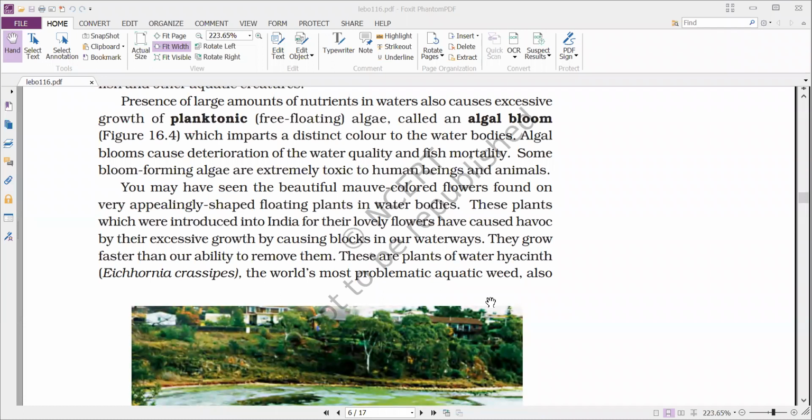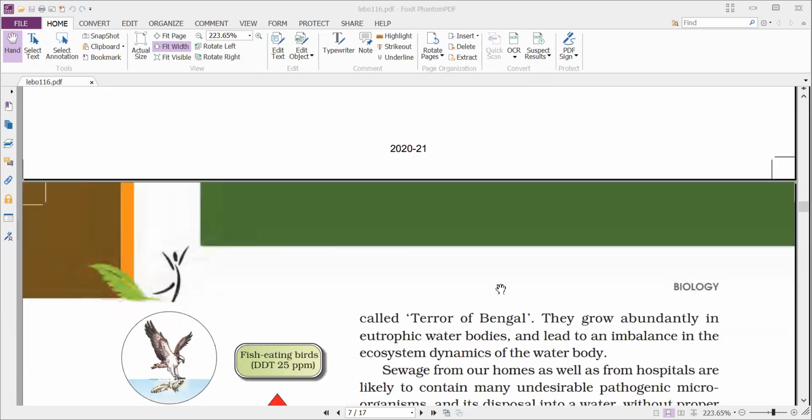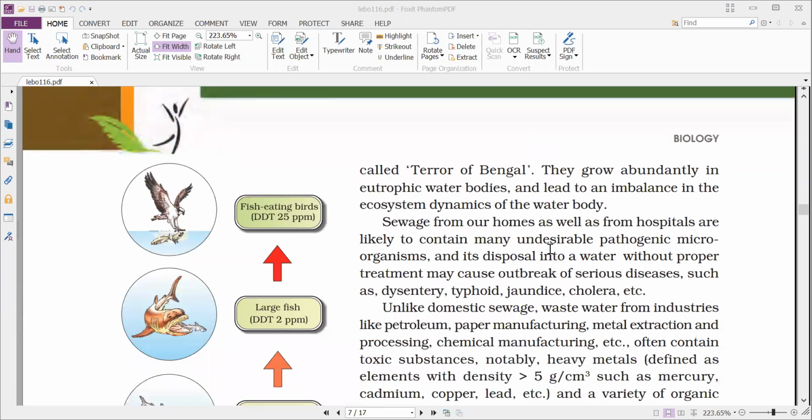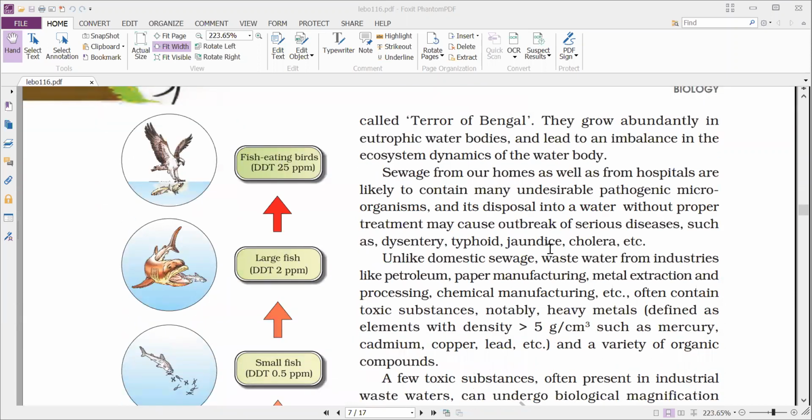These plants of water hyacinth, that is Eichhornia crassipes, the world's most problematic aquatic weed, are also called the terror of Bengal, because it was first introduced into Bengal and it caused a massive disturbance to the water bodies.